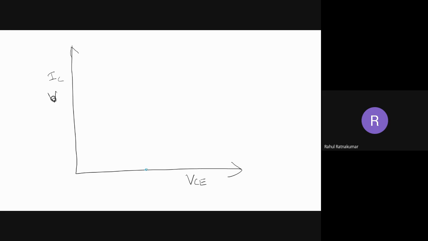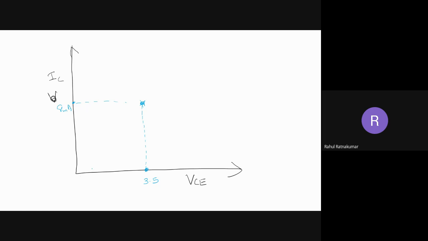Suppose I have a VCE equal to 3.5 volt and my IC is 8 milliampere. So this point I can mark here. This is the operating point of the transistor. This point lies on some part of the base curve.